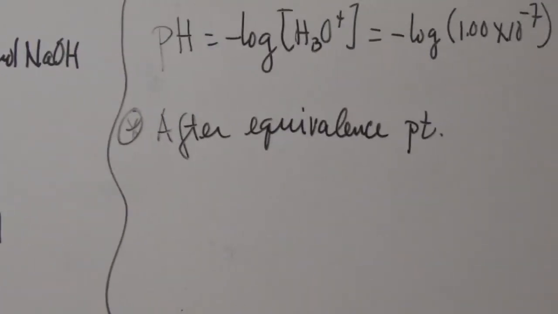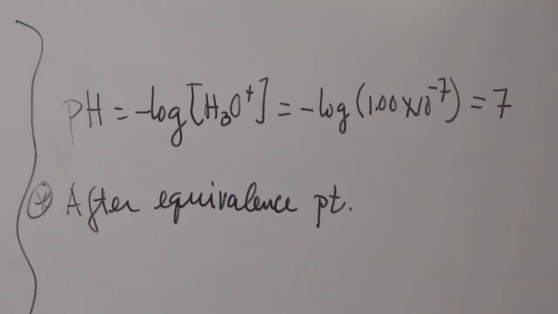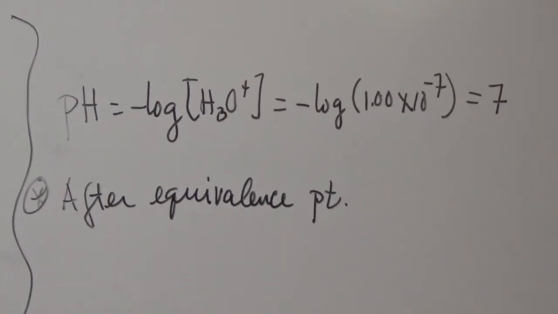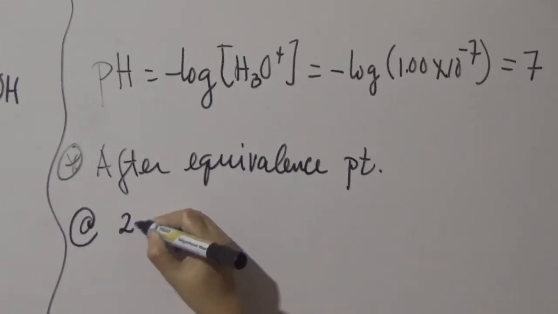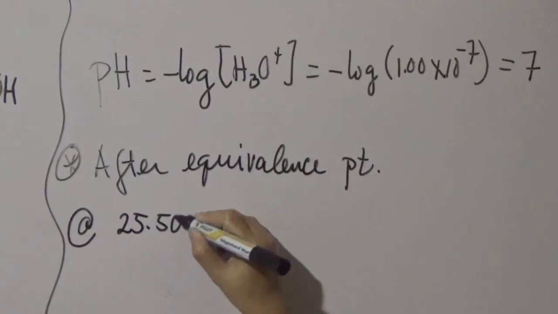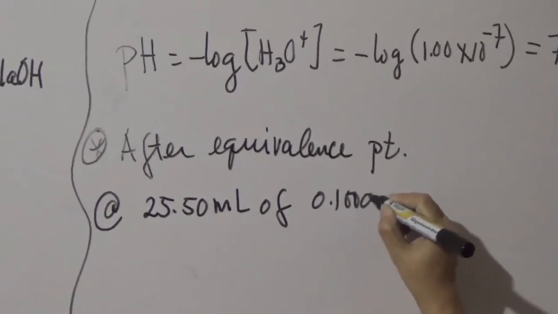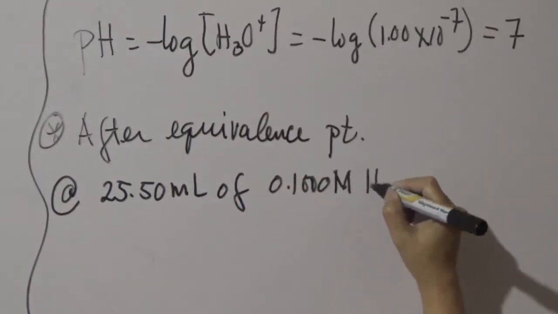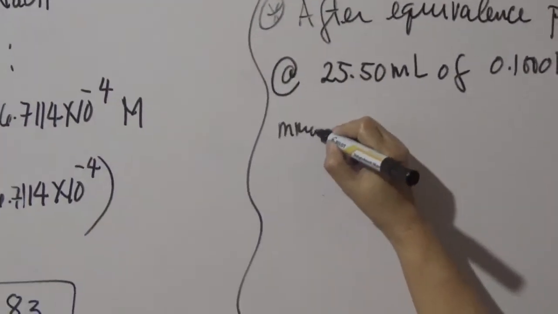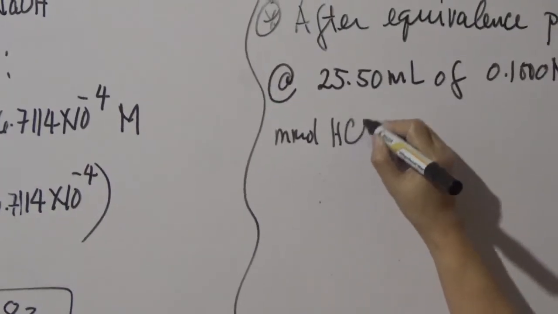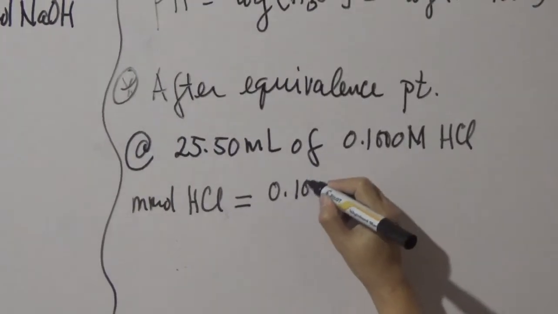So what is the amount of hydrochloric acid if you have 25.5 ml of 0.1 molar hydrochloric acid? So the millimole of hydrochloric acid here will be equal to, of course, 0.1.